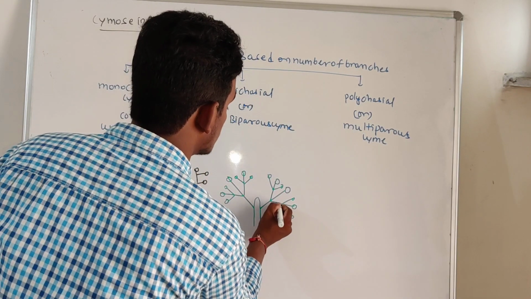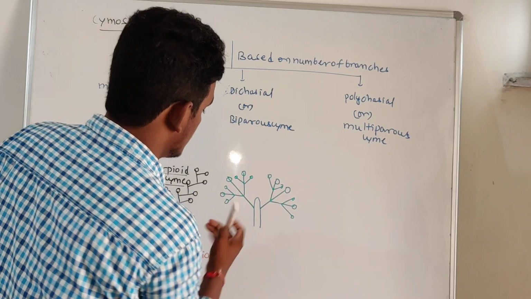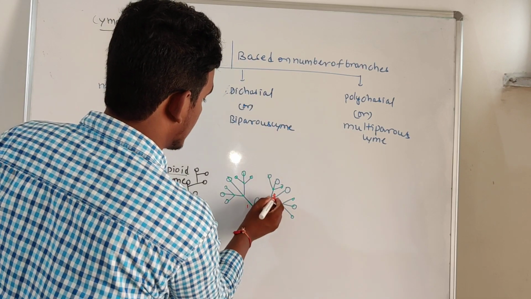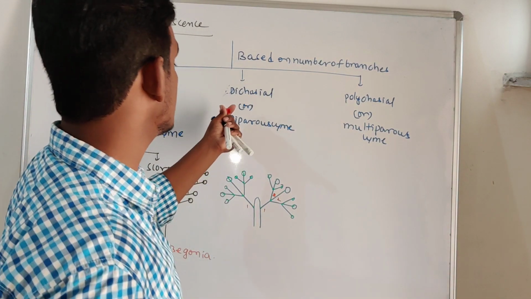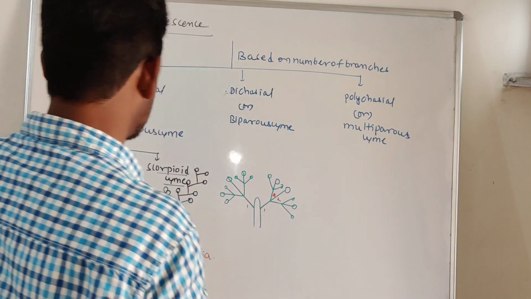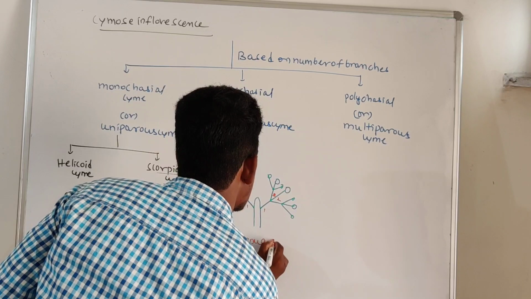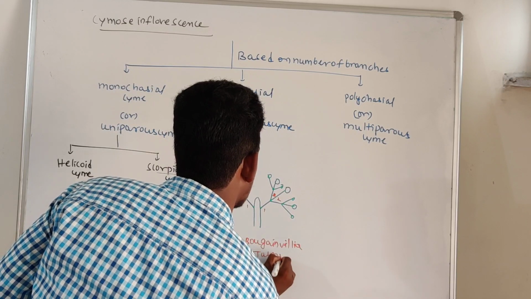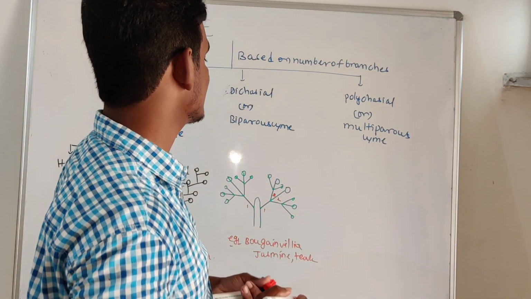Every time it produces two branches. The type of cyme is what we call a biparous or dichasial cyme. Examples for this are Bougainvillea, jasmine or teak. These are examples of the dichasial or biparous cyme.